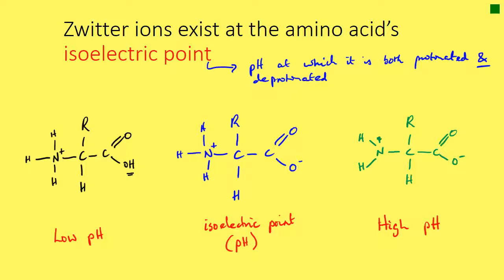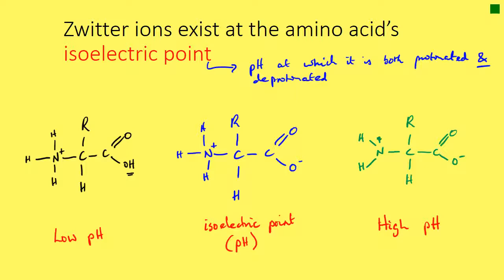So the corollary of that would be a high pH scenario, in which case we are going to have a dearth of hydrogen ions, and we might have hydroxide ions instead swimming around, looking to soak up any spare protons, in which case our zwitterion would not be dipolar, it would instead be deprotonated.